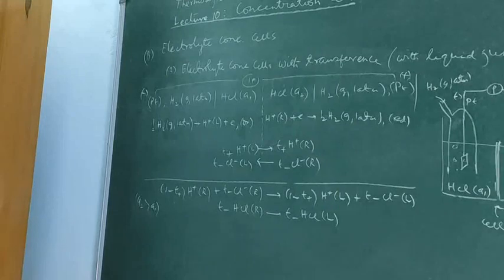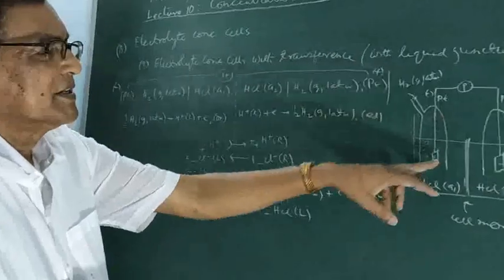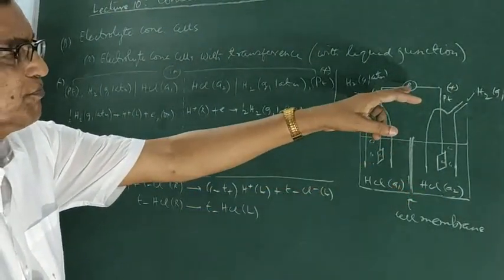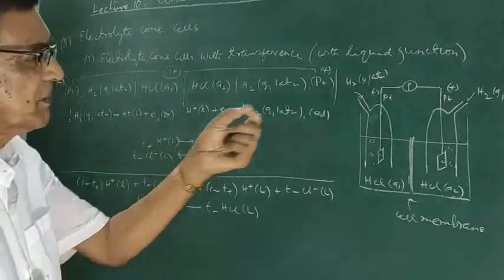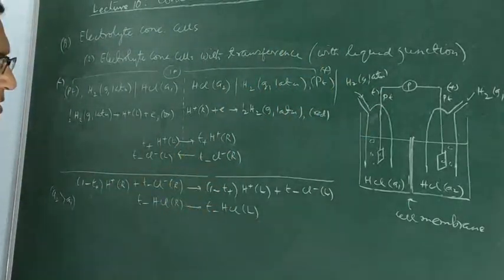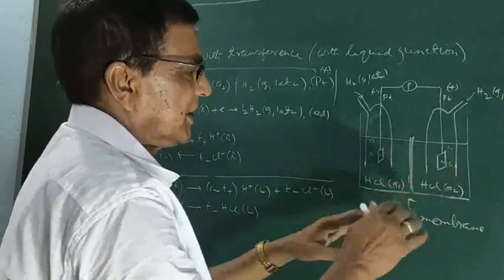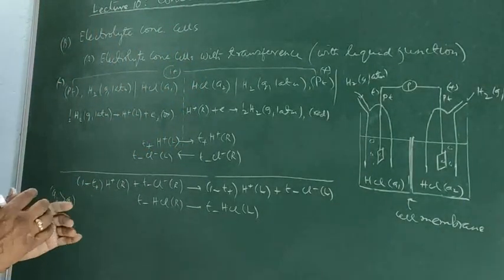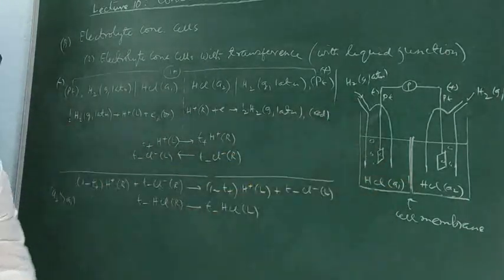And again I have told earlier that whenever we measure the EMF of the cell by means of a potentiometer, a minute amount of electricity is drawn, and so this transfer will also be infinitesimally small. Not only that, the volumes of these two half cells are taken in large amounts in order to prevent any change of a1 and a2 for the two half cells.